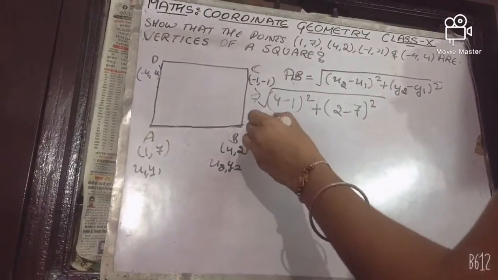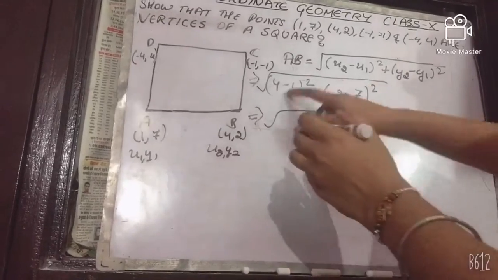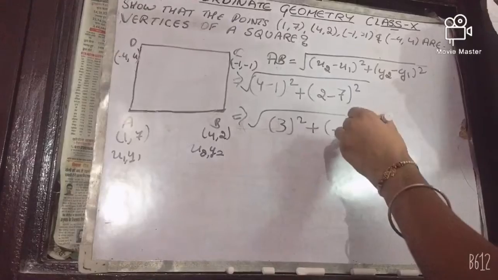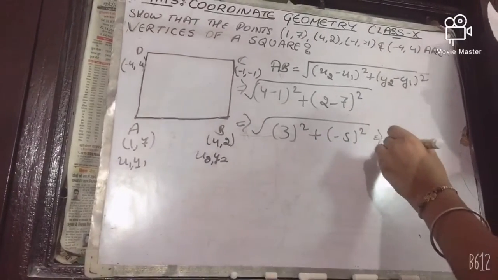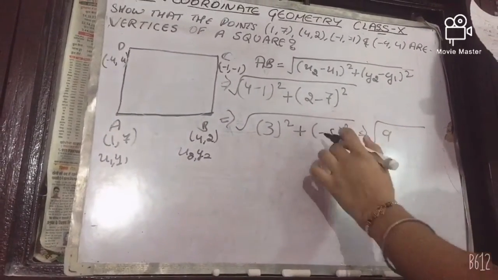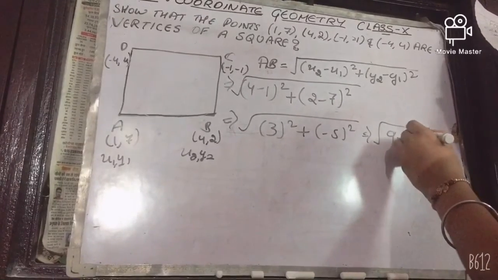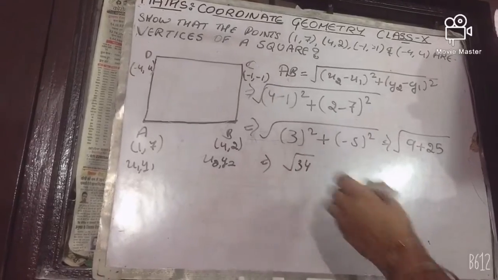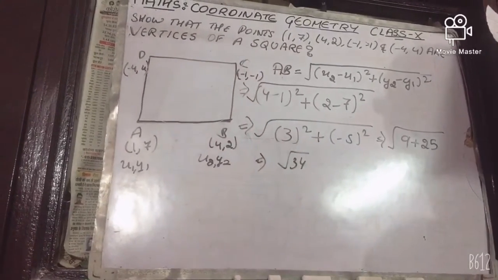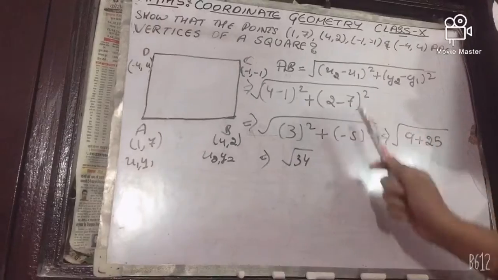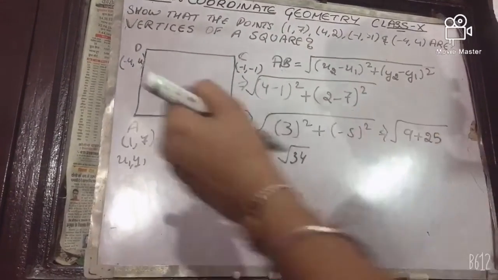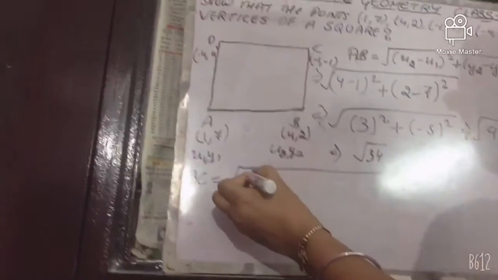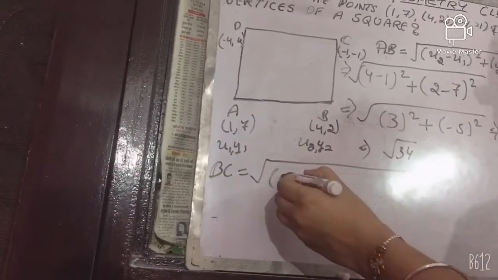So now what is 3 square and -5 square? Then 9, and this automatically will become positive, so it is 25. While adding it will become root 34. So now that is the first side. Then for the second side BC we will do the same. For BC, first of all you have to write the formula again and again.